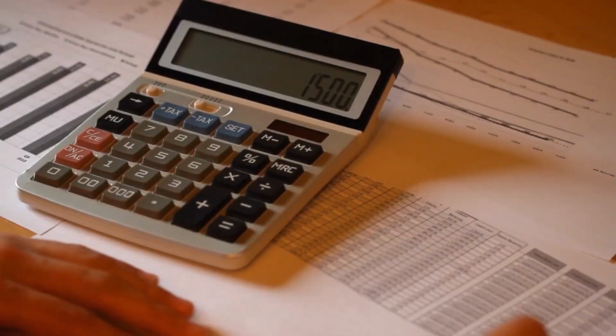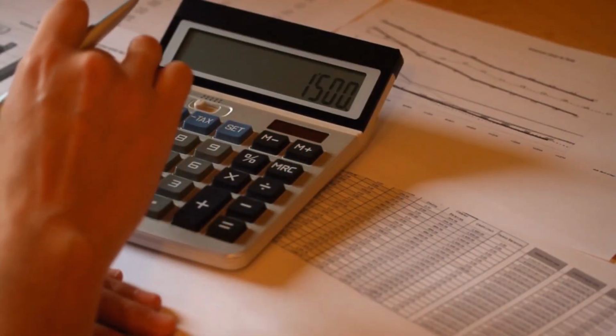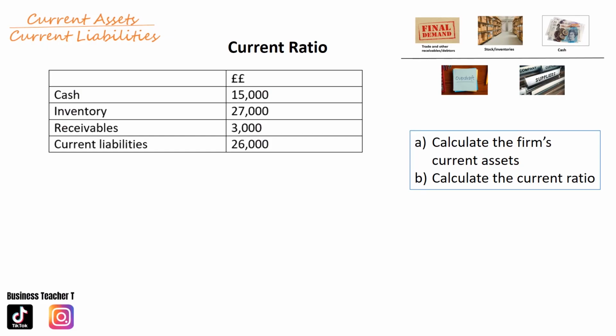Now we're going to work through a number of calculations, so grab a pen and a piece of paper and let's get started. A two-part question. We're required to calculate the firm's current assets and calculate the current ratio.